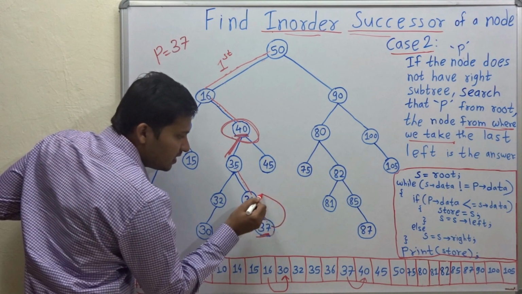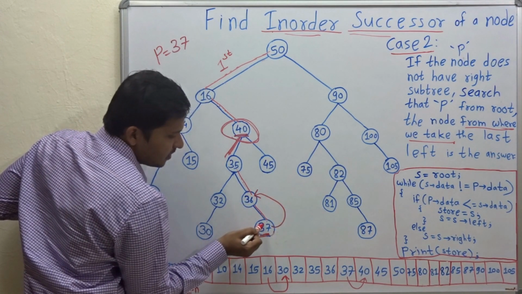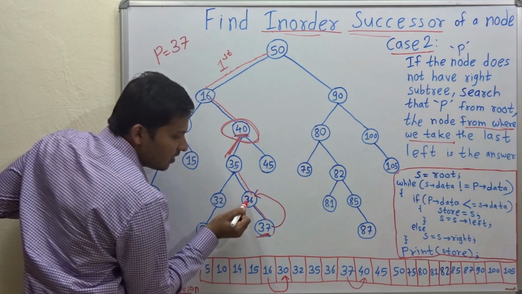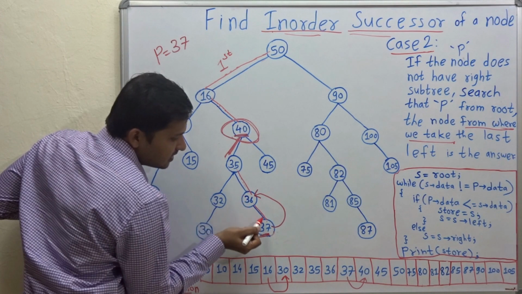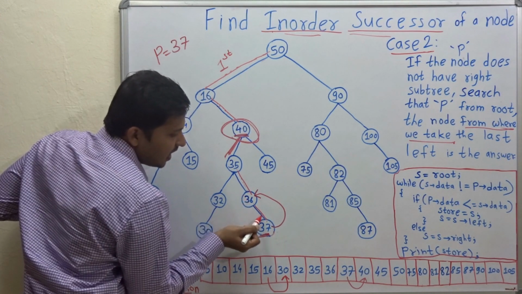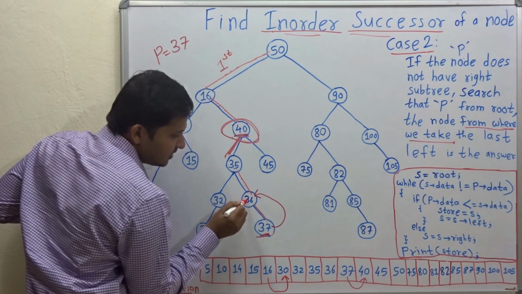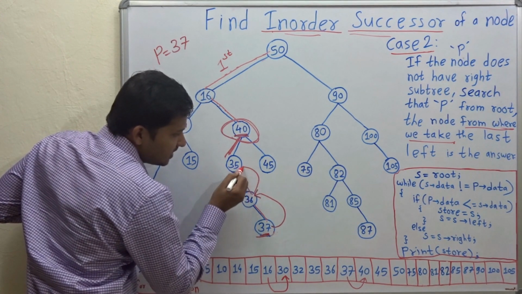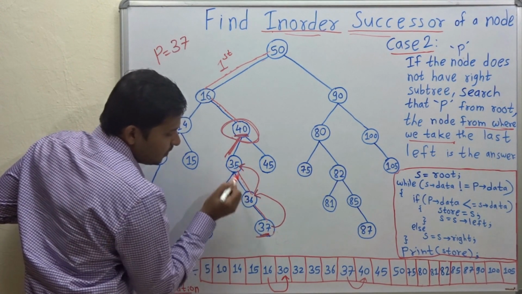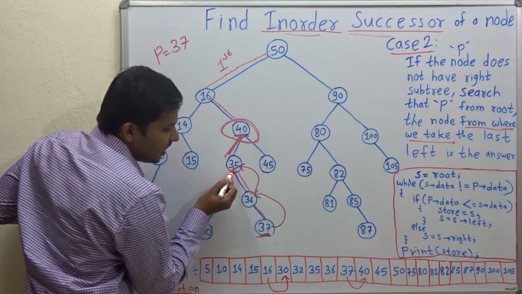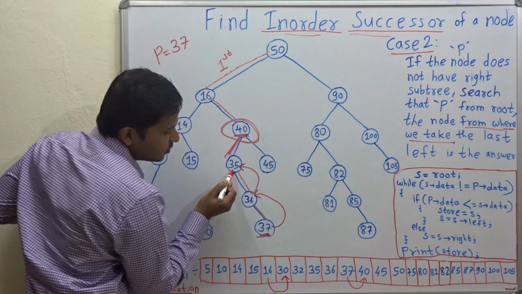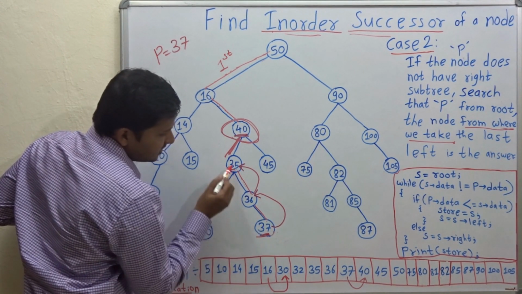See, from 37, let's go to the ancestor. Parent of 37 is 36. But it is less than 37 because it is the right ancestor. As it is the right ancestor, it must be less than. Again we go to the ancestor, but again it is the right ancestor, so it must be less than 37.